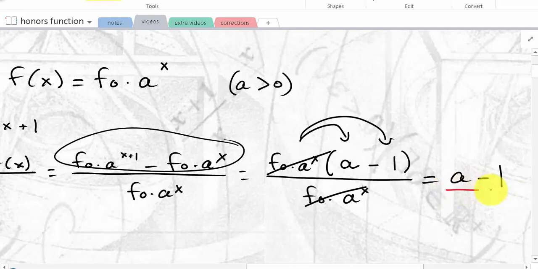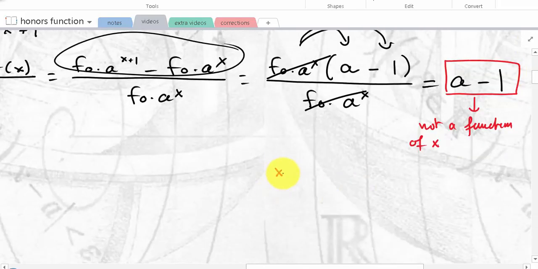What the heck does this mean? This is not a function of x. It doesn't matter if x goes from 1 to 2, or if it goes from 1000 to 1001, or from 1 million to 1,000,001.